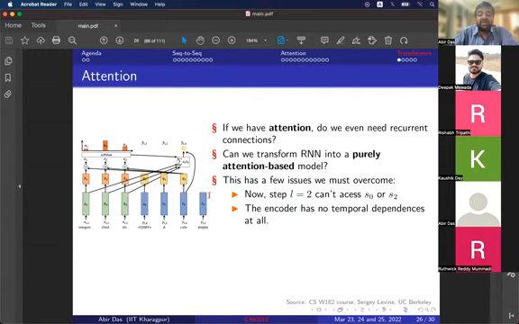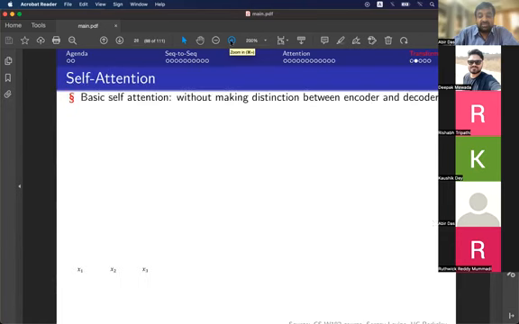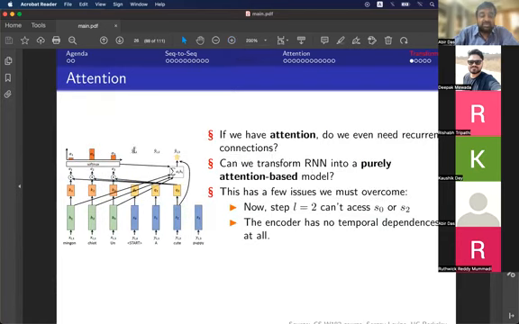Earlier, when we were discussing structured prediction, this output was given as input to this time step.